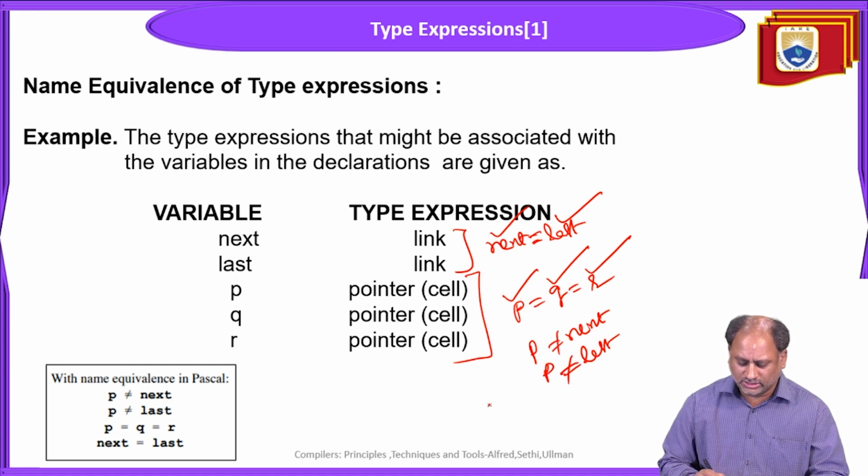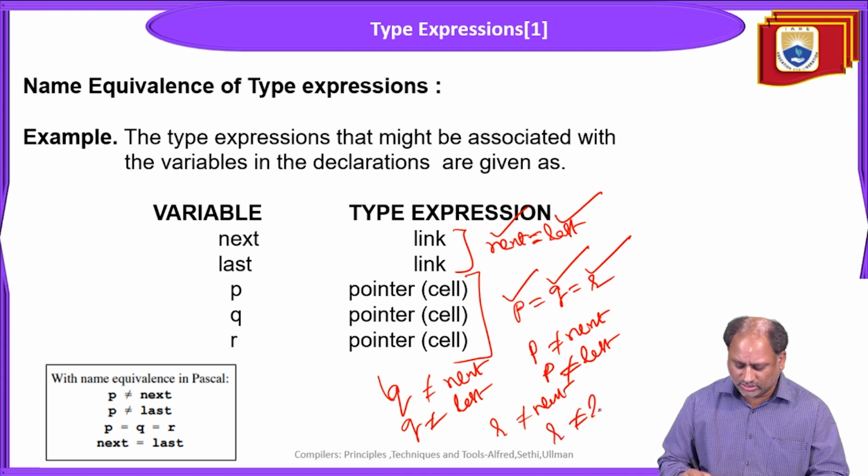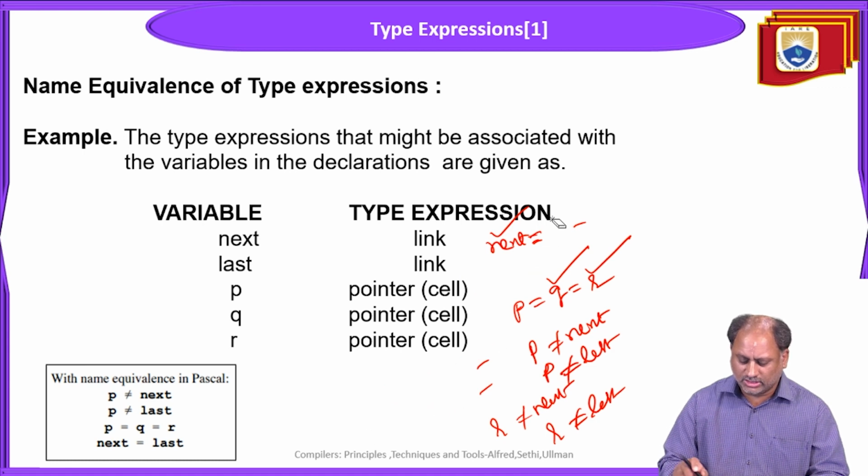Also, structural equivalence of Q with next and last are not equivalent. Why? Because Q is of type pointer of cell, next is of link type. Similarly R is not equal to next, R is not equal to last, because their type expressions are different.